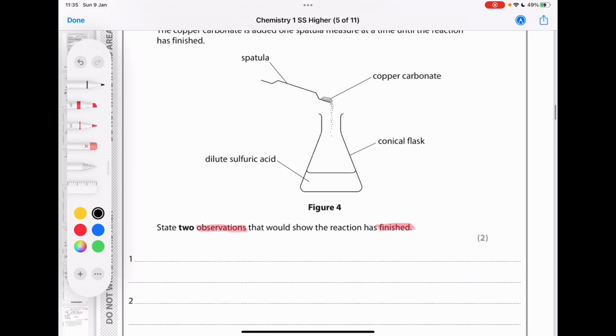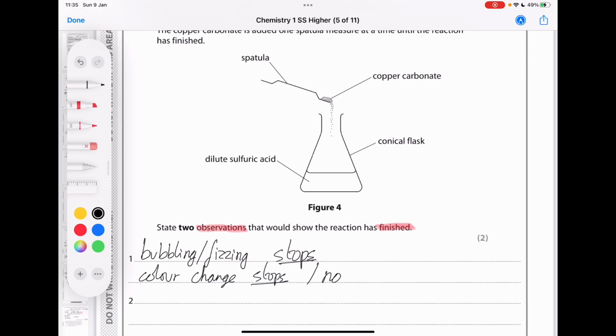Things we might have seen is that the bubbling or fizzing has stopped. That is one indication the reaction has finished and is no longer occurring. We might see that a colour change stops, or there is no further colour change.